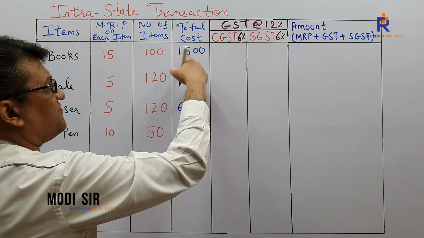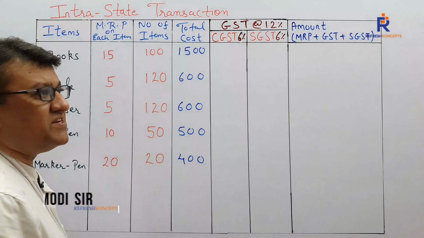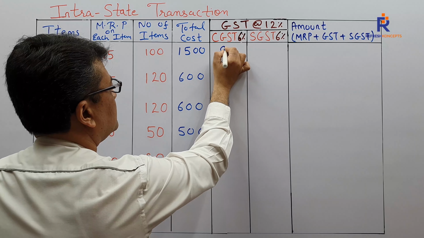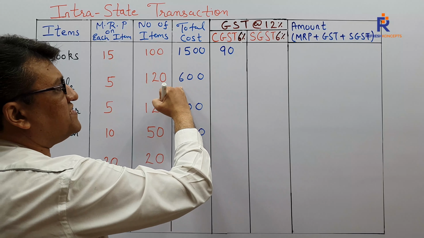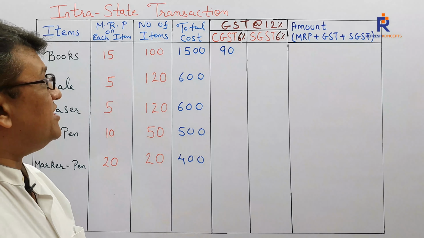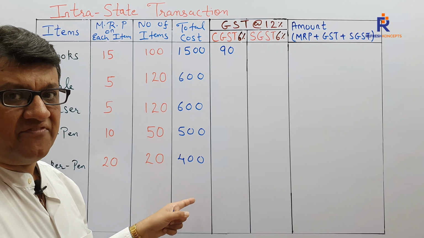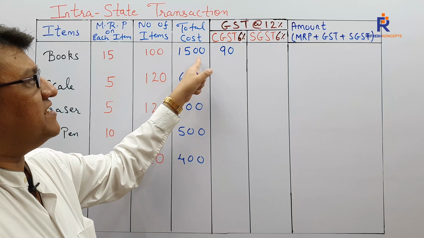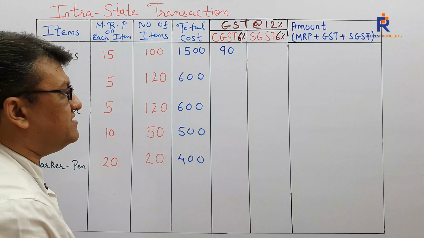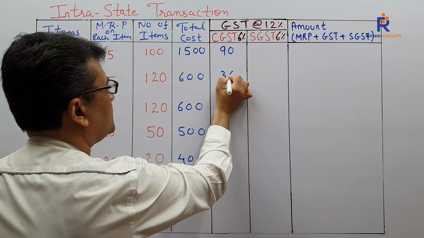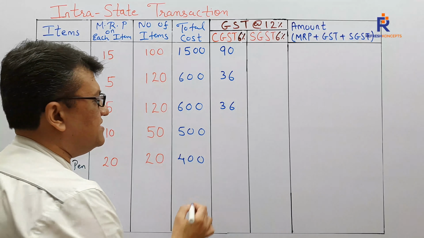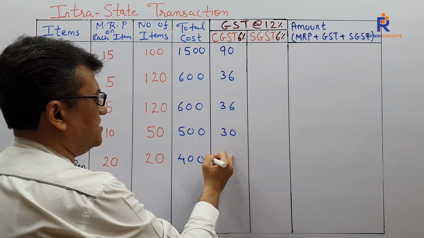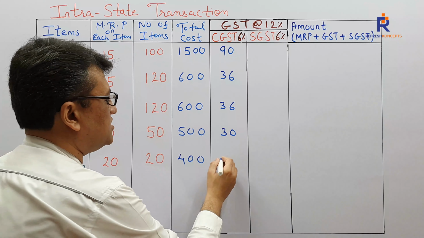Now 6% of 1500 works out to be 90. Why? Because we have to calculate on the total cost of the number of items. So 6% of 1500 is 90. 6% of 600 is 36. 6% of again 600 is 36. 6% of 500 is 30. 6% of 400 is 24.